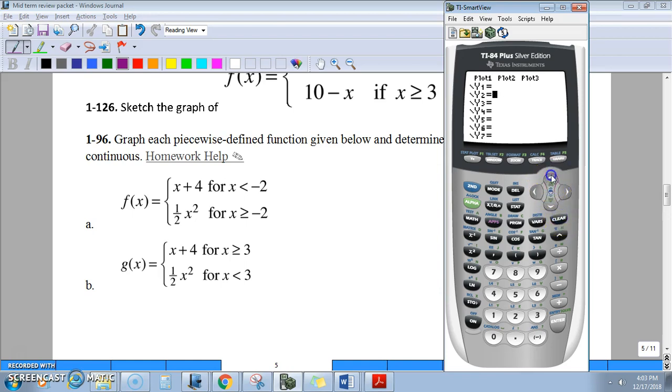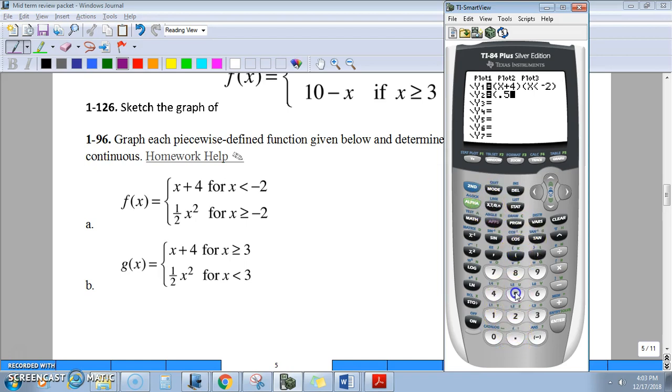Okay, so graph this. The first one is, remember, put this in parentheses, x plus 4, parentheses, and that is where x is less than negative 2, arrow down, then we have parentheses.